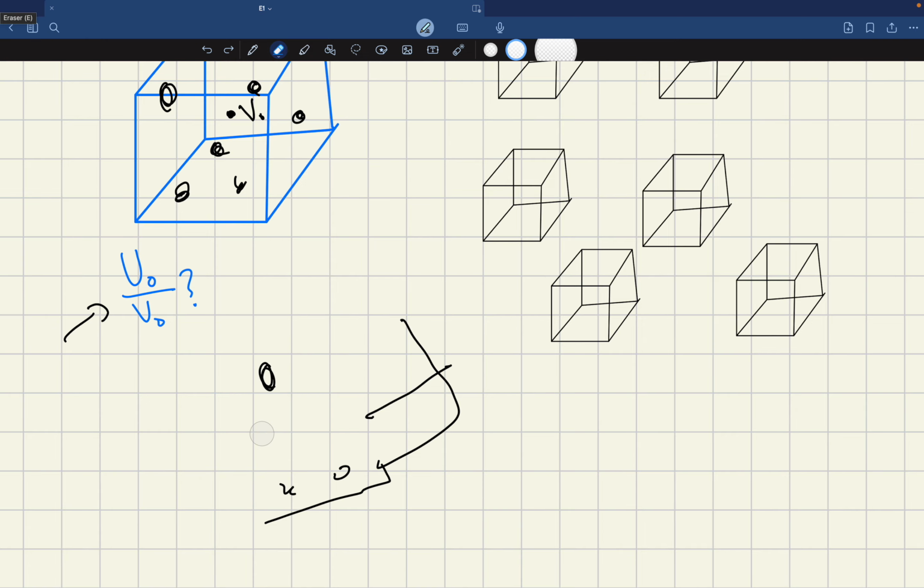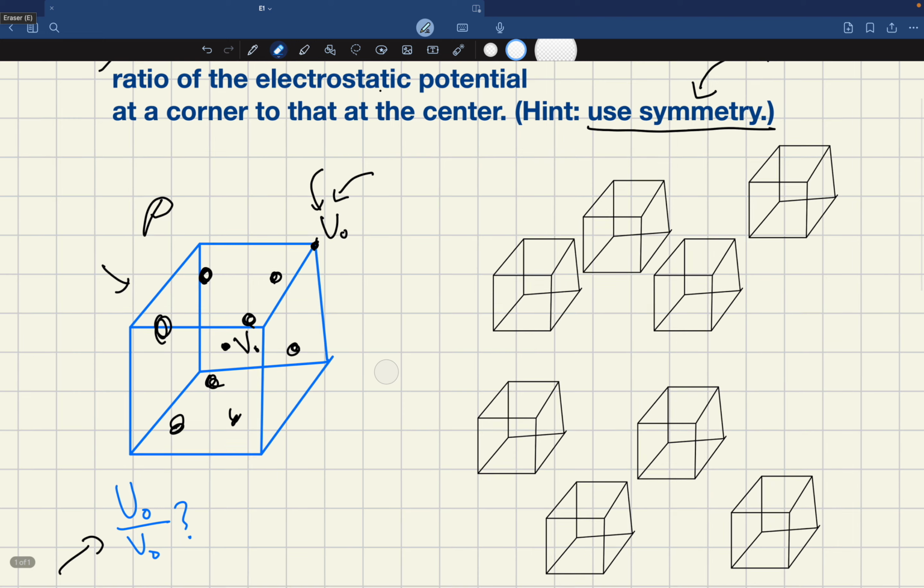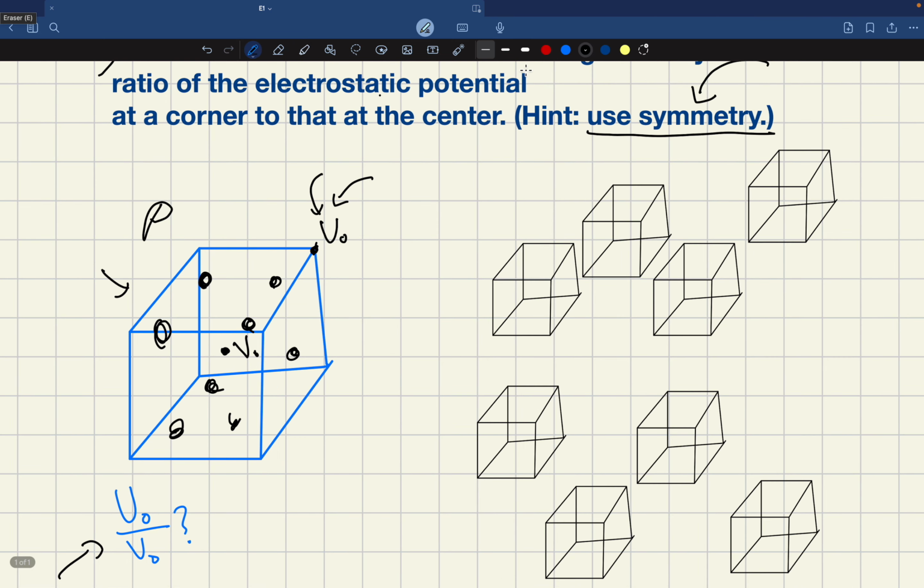Now the basic advantage of this is we can use a pretty simple symmetry argument because when we divided the cube into quadrants, let's name these 1, 2, 3, 4, 5, 6, 7, 8. Let's say this is cube 1.